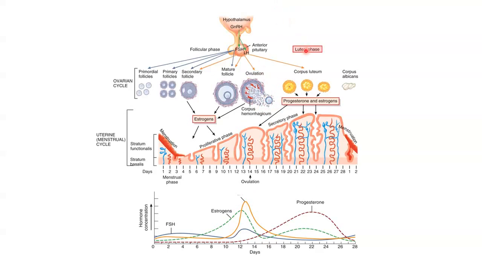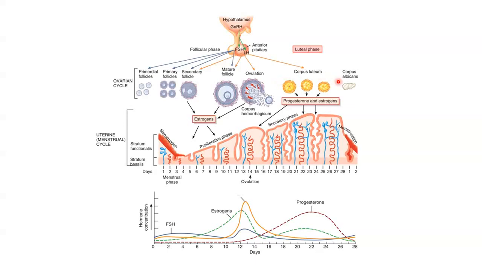Now, the final phase of the ovarian cycle is the luteal phase. This is where after ovulation, that mature follicle collapses and under the influence of luteinizing hormone becomes our corpus luteum. So luteinizing hormone, corpus luteum. The corpus luteum, as we've already talked about, secretes progesterone, estrogen, relaxin, and inhibin.